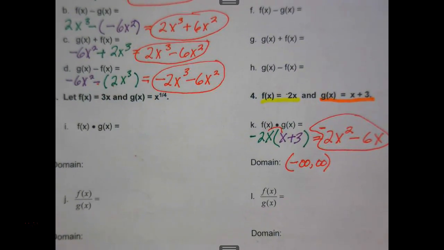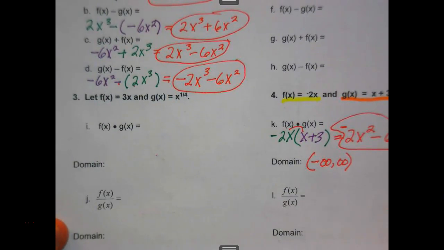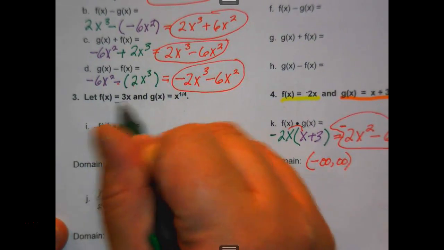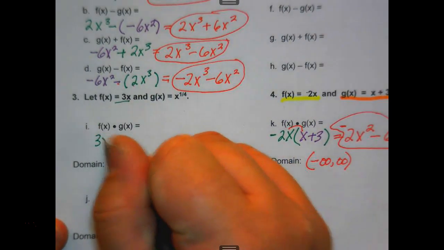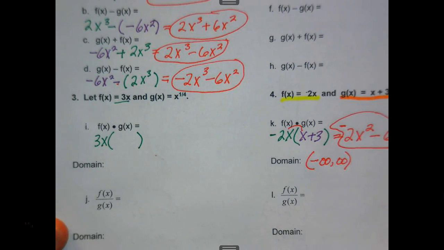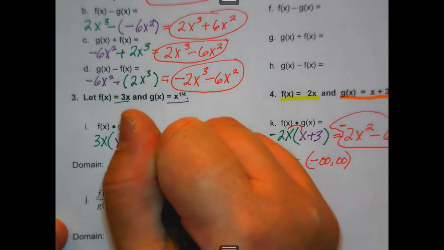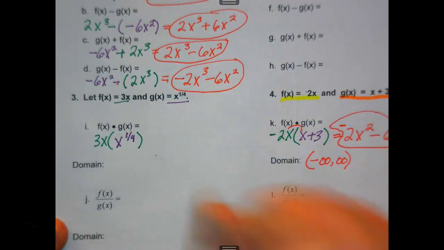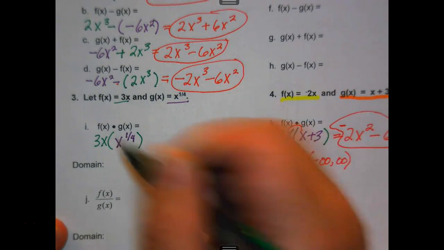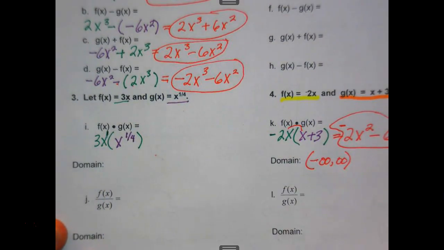Yeah. All right, let's go back and do number 3. The f of x is 3x. I'm going to multiply it through the g of x, which is x to the 1/4. And when I multiply, don't forget there's a 1 there, right?